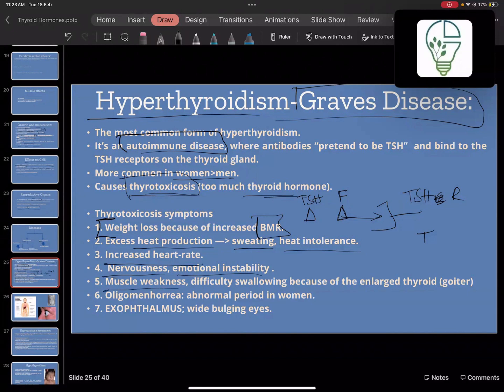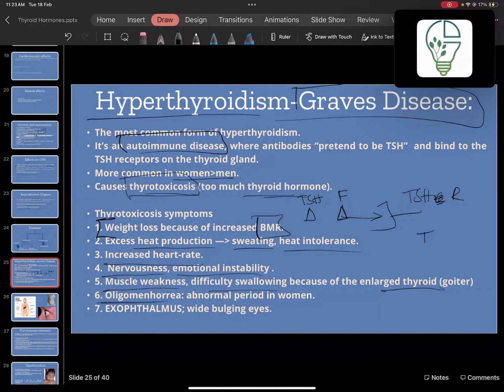It increases muscle weakness and causes difficulty swallowing because of the enlarged thyroid. The thyroid is almost right over the esophagus, or right over the trachea. So when it grows inward, it compresses on the esophagus, and you can't swallow easily.